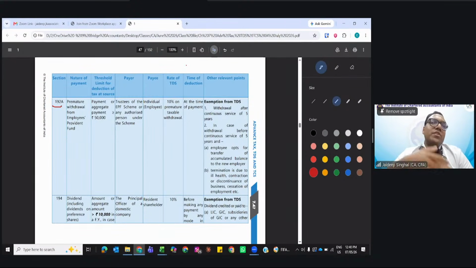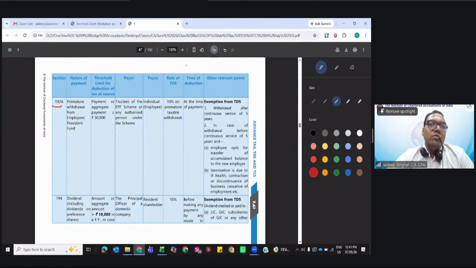But if you withdraw after 5 years of continuous service, it's non-taxable. Another thing, if you withdraw before 5 years, but it is due to ill health or some defined reason, then it is again non-taxable. Before 5 years of continuous service, it is taxable, but non-taxable if it is due to ill health and other scenarios.